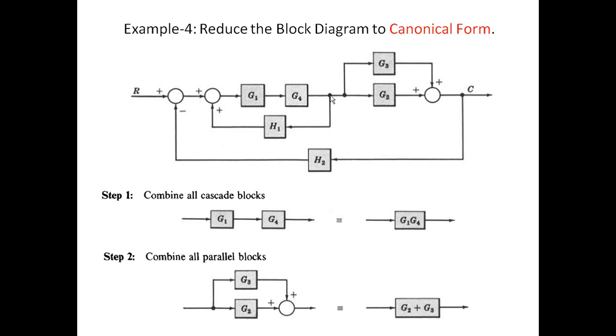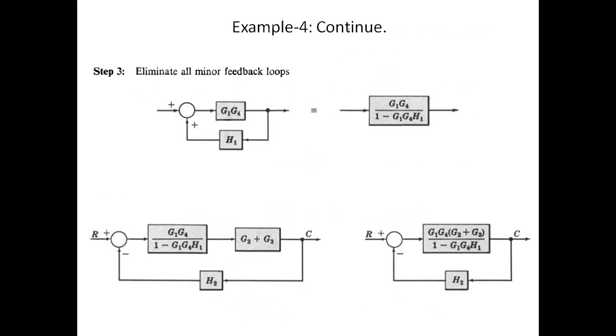Then there is one feedback loop, G1 G4 fed back with H1, and this is positive feedback. So the resultant representation is G1 G4 upon 1 minus G1 G4 H1.